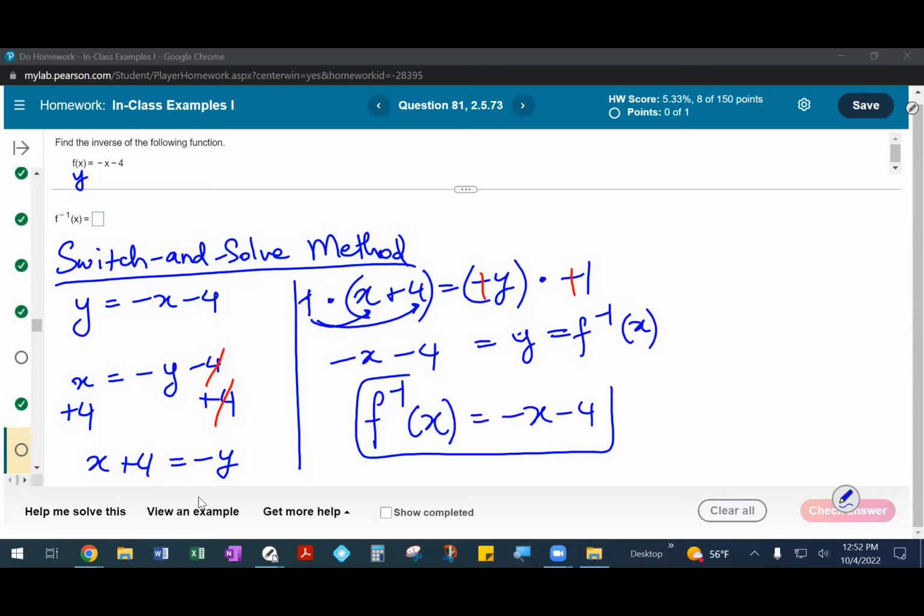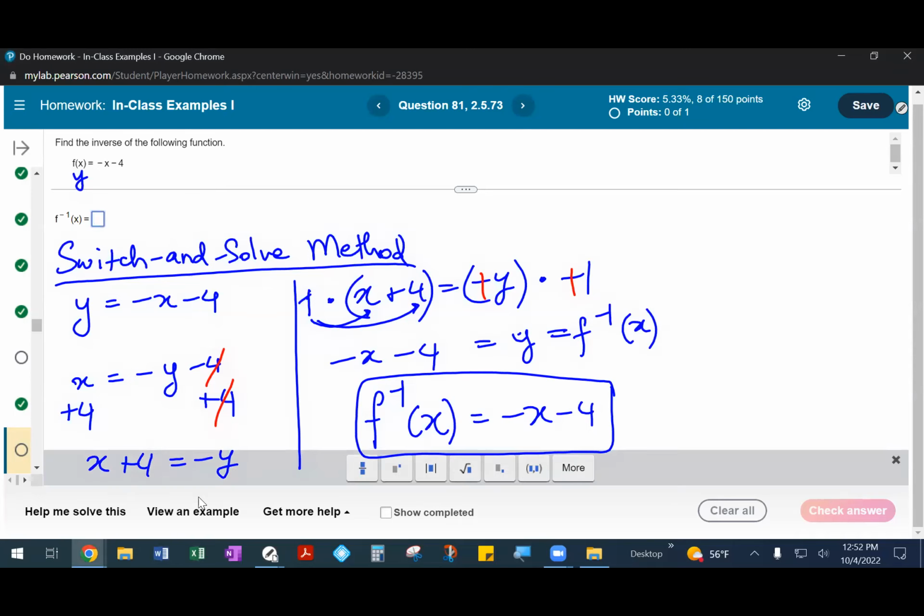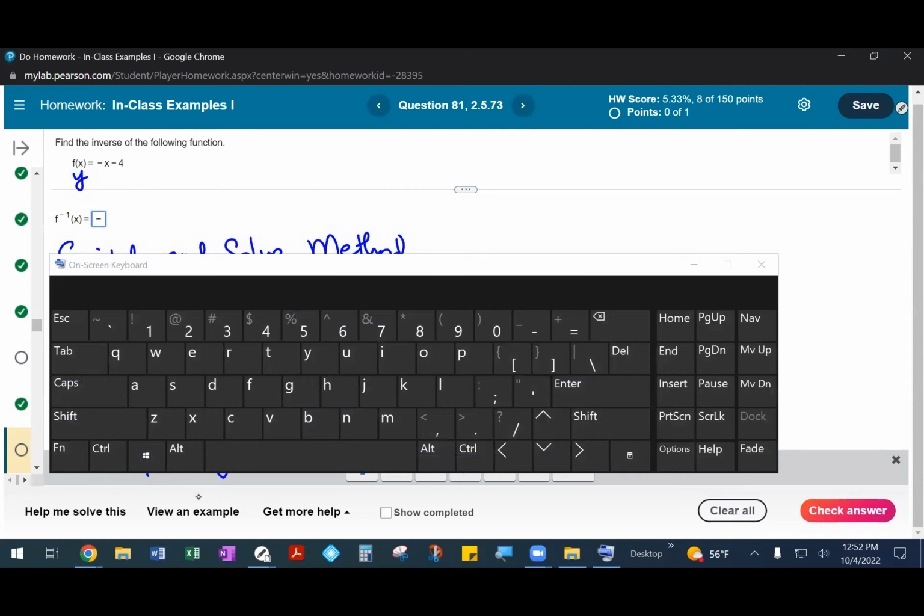So he is his own inverse. And there's a couple different functions that do that. But anytime you have a negative x like this guy, you do end up seeing them becoming inverses of each other. So in this case, then it's negative x minus 4.